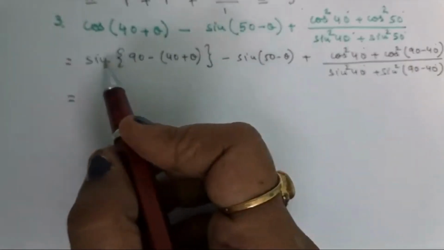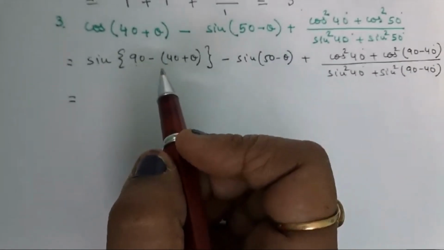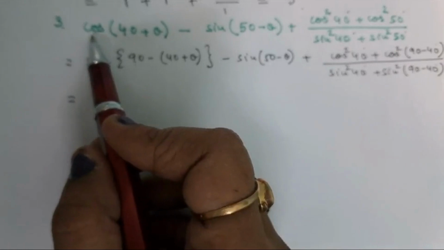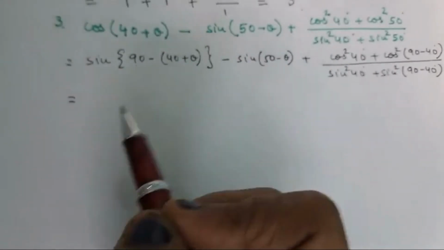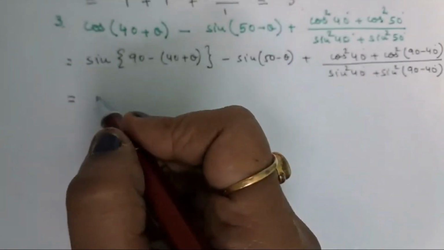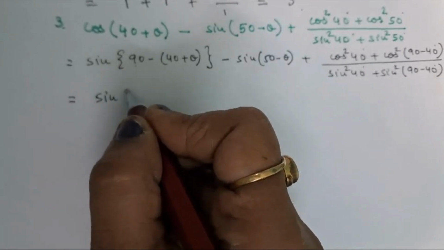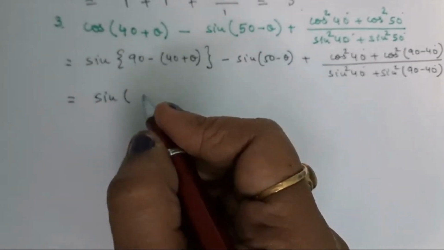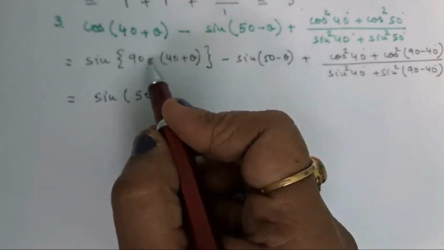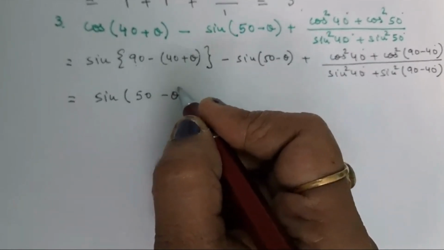Now I have already changed cos theta as sin 90 minus theta. So here what will I do? I will open this bracket. 90 minus 40 is 50, minus into plus is minus theta.